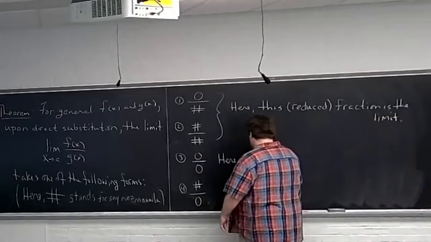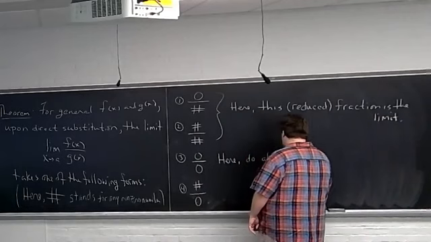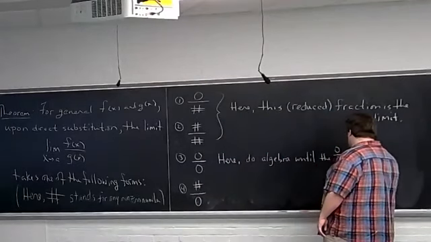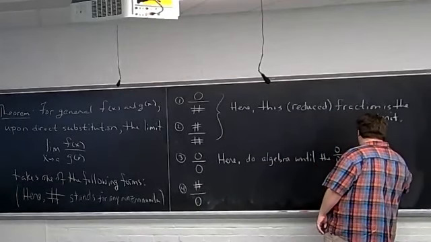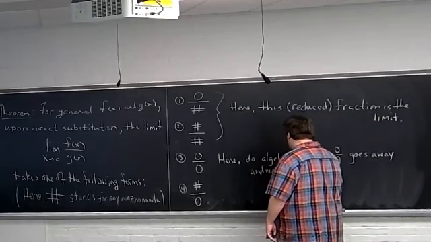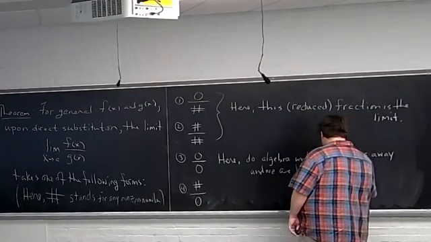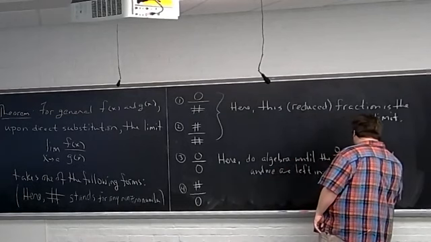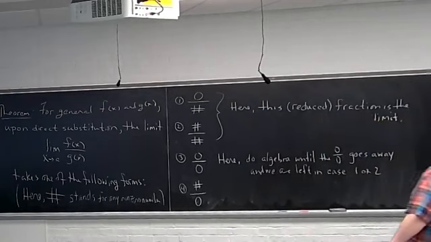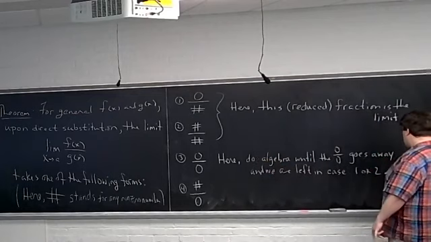So we will look at a few examples, but for this theorem, I'll just say here, we'll do some algebra until the 0 over 0 goes away, and we are left in case 1 or 2. So when we do some examples, we'll see more about what we mean by do algebra. We'll also see more about what we mean by until the 0 over 0 goes away.